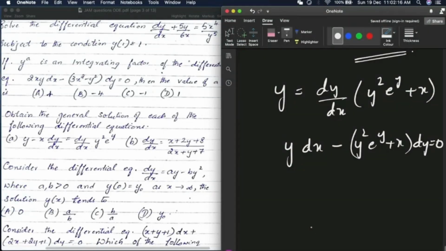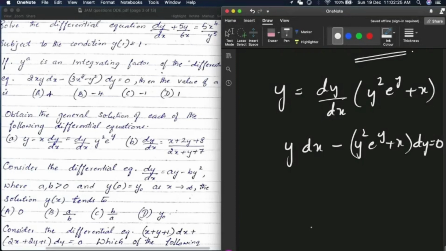Is it an exact differential equation? Just the way it is written itself, ∂M/∂y cannot be equal to ∂N/∂x, right? It's not exact. Yes, ma'am.